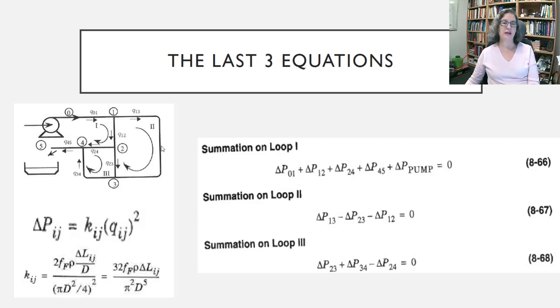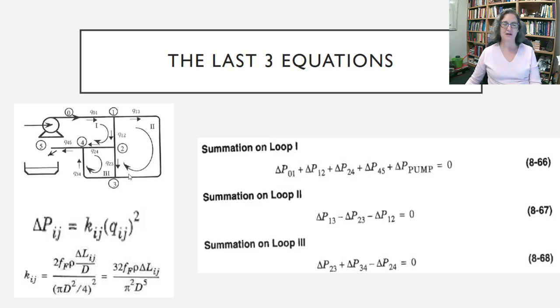It's a loop around the entire system. Okay? Now, it does include the pressure drop across the pump. That's going to be a pressure increase. Everything else is a pressure drop. The pressure across the pump would be something that you would know.